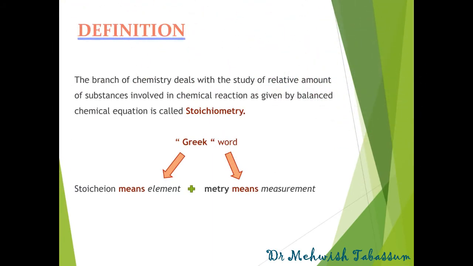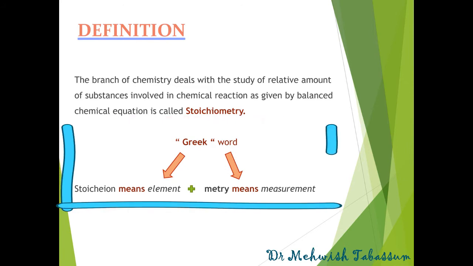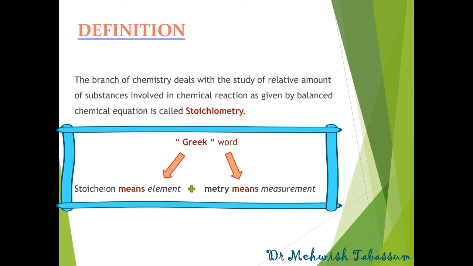The basic definition of stoichiometry is: the branch of chemistry that deals with the study of the relative amount of substances involved in a chemical reaction, as given by a balanced chemical equation, is called stoichiometry. Actually, stoichiometry is derived from the Greek word stoicheion, which means elements.